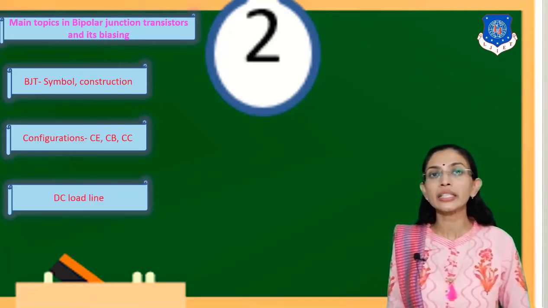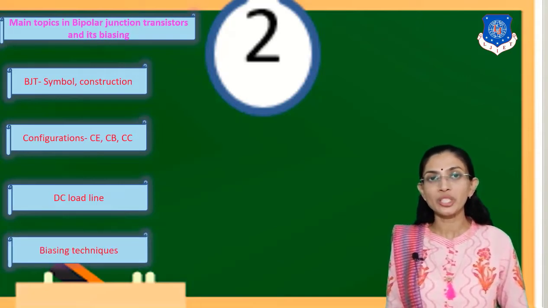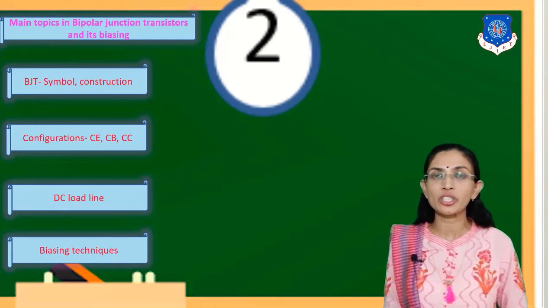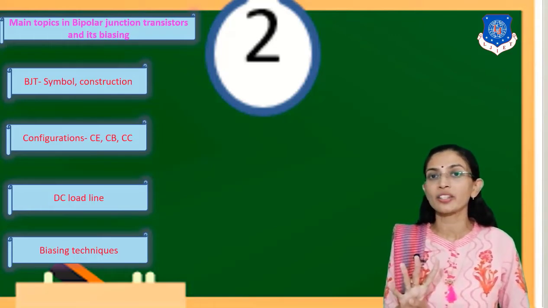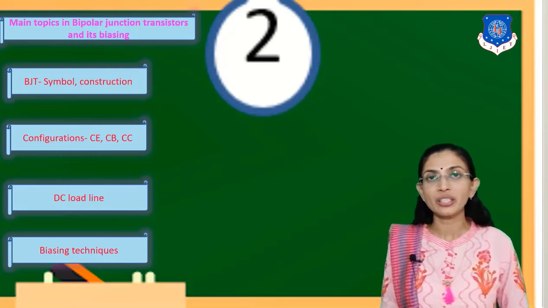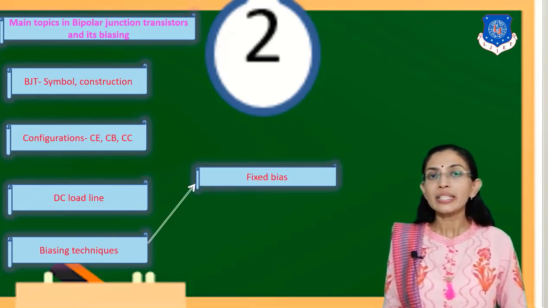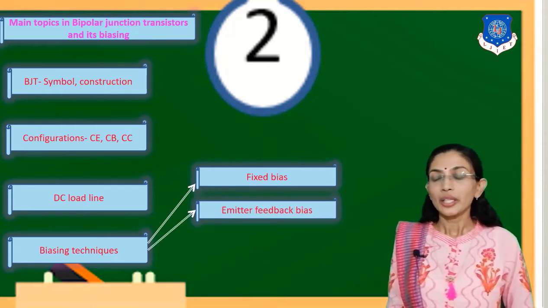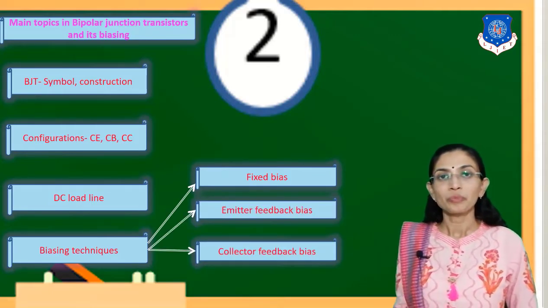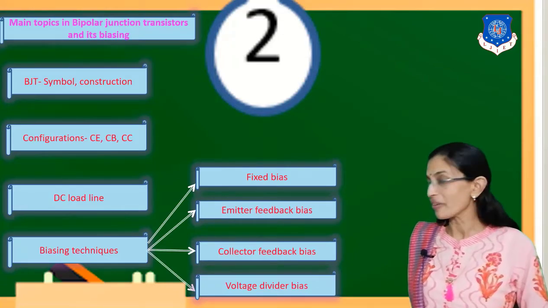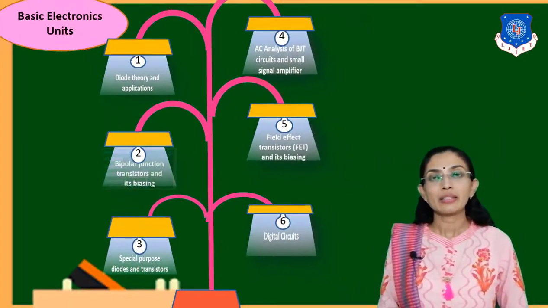Then we will study the DC load line of BJT and biasing techniques of the bipolar junction transistor. There are 4 biasing techniques that we will study in this chapter: fixed bias, emitter feedback bias, collector feedback bias and voltage divider feedback bias.